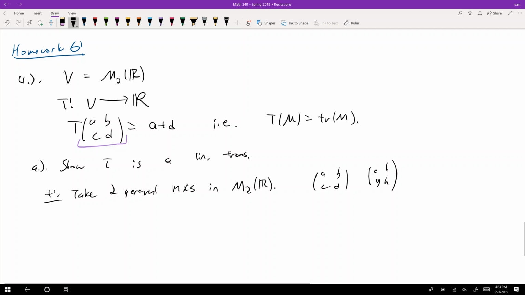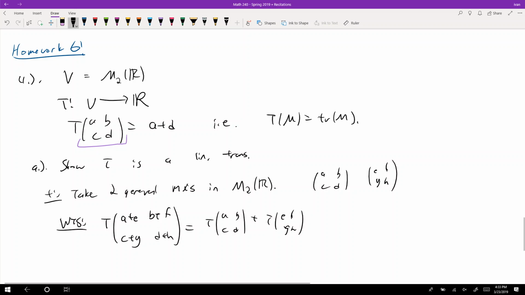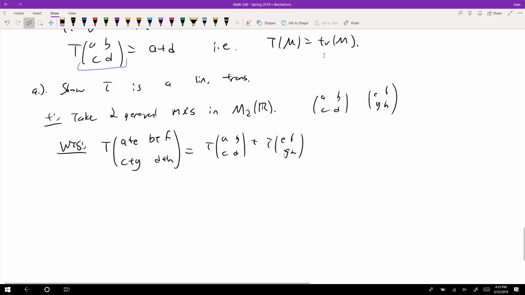We want to show that T of A plus E, B plus F, C plus G, D plus H is equal to T of A, B, C, D plus T of E, F, G, H. So what is T of that matrix?